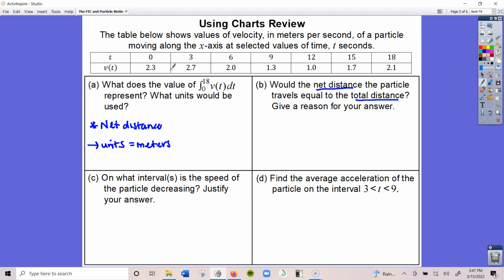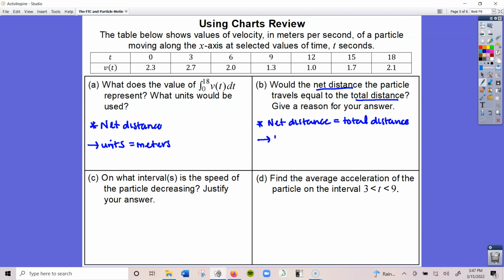If I look at all of these values in my chart, we notice that all of these velocity values are positive. So that means that the particle is only moving to the right over this entire interval, meaning the particle does not change direction. So here we would say that net distance would equal total distance.